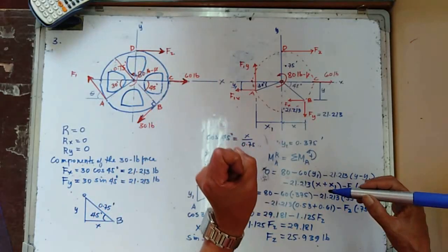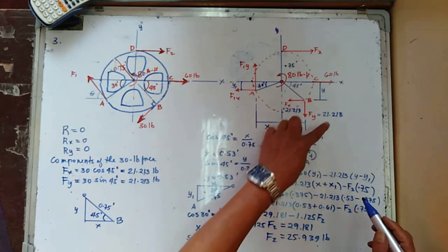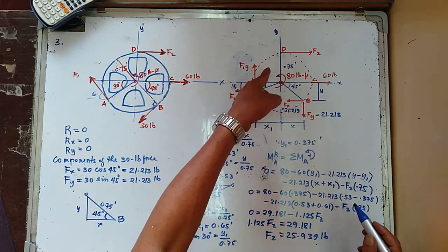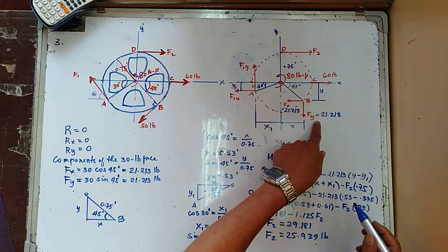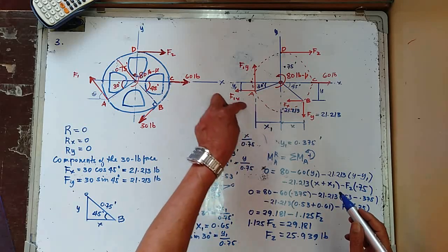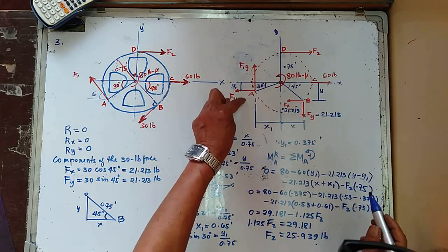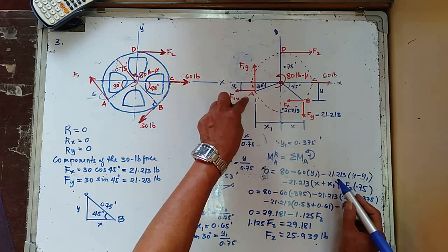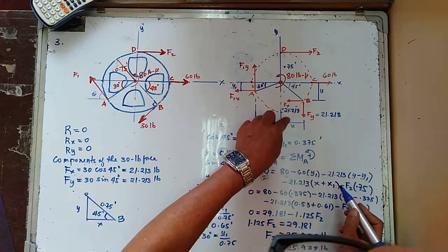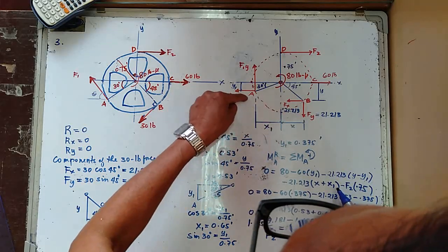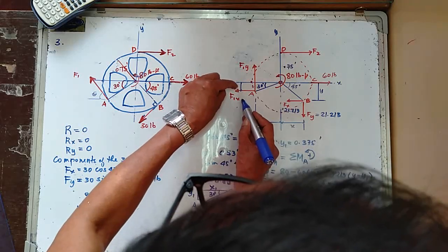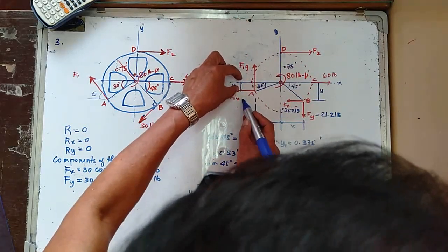Then Fy is going into a clockwise moment about point A, and Fx is also going into a clockwise moment about point A. Your Fx is 21.213, and the moment arm, the distance from the line of action, is y minus y1.